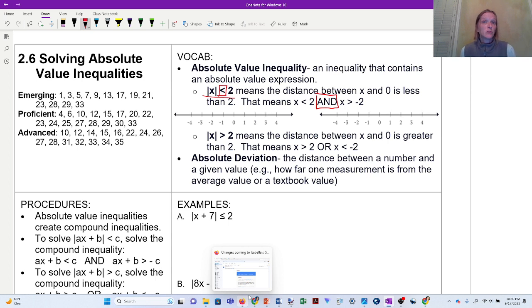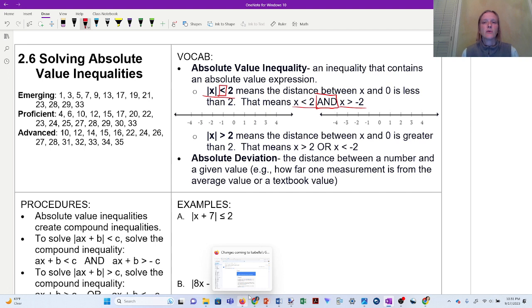But a compound between what two inequalities? Well, this is where this ties back to what we learned last chapter with solving absolute value equations. Because this is the absolute value of x is less than 2, we set up two equations, and this time we do two inequalities, where x is less than 2 and x is greater than negative 2.